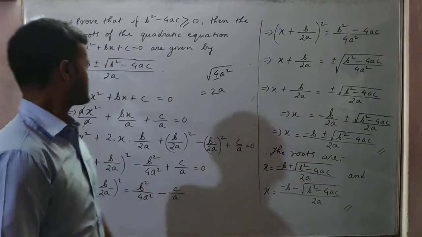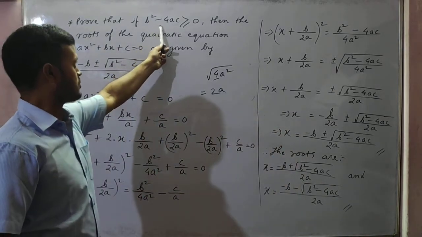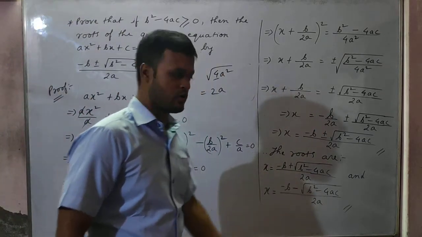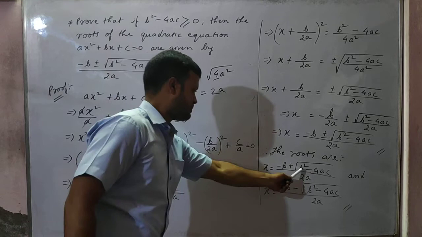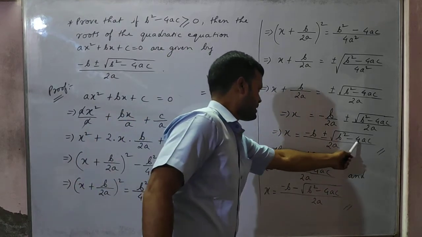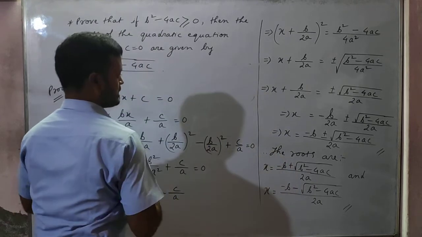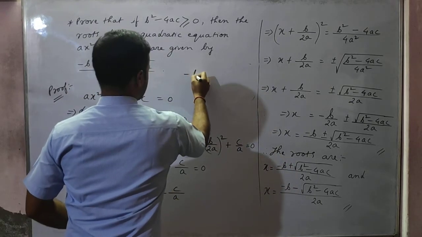So now, students, the question arises: why must b square minus 4ac be greater than or equal to 0? If b square minus 4ac becomes equal to 0, then no problem.